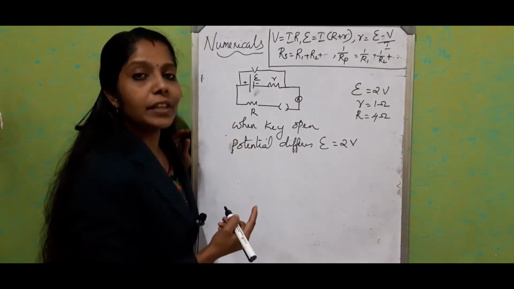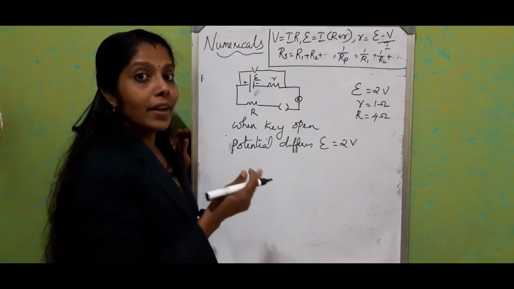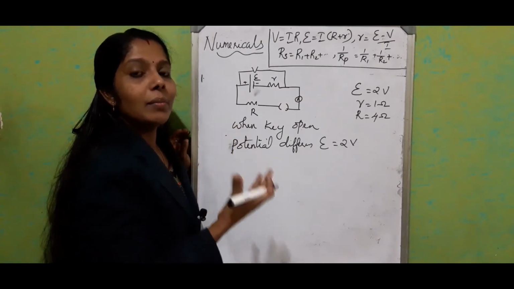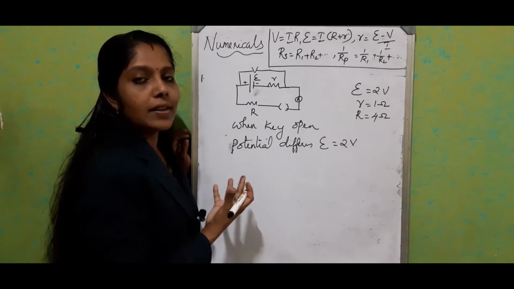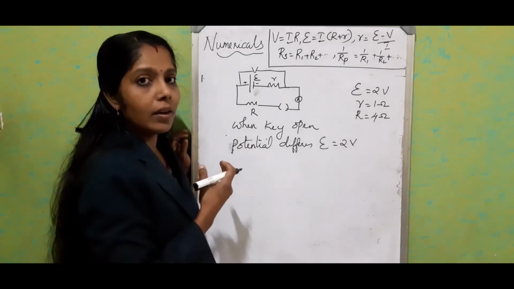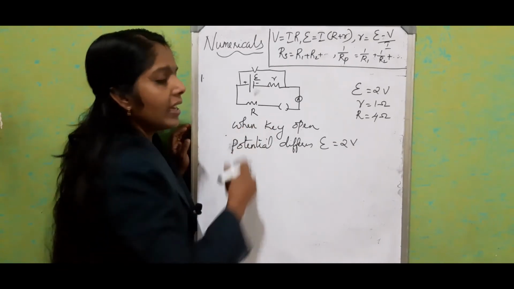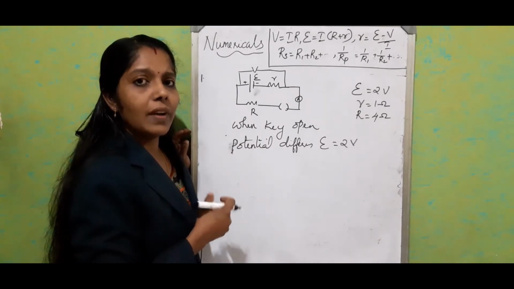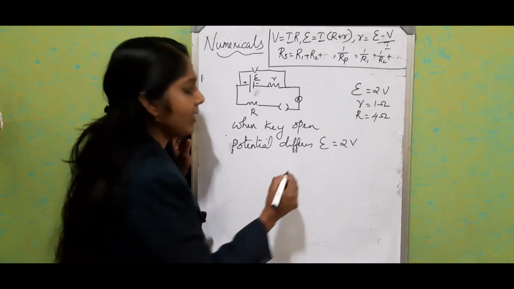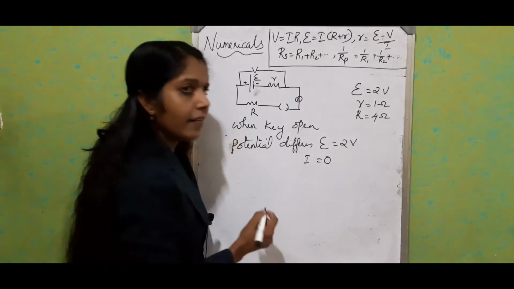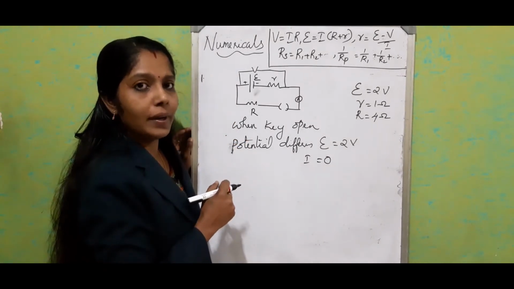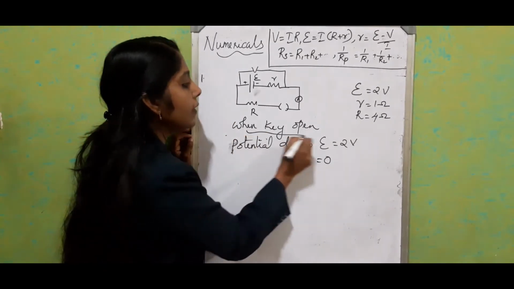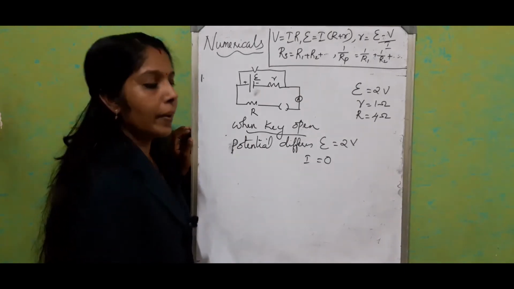We studied the definition for epsilon. When it is in the open circuit, the maximum available potential difference is known as epsilon or E.M.F, right? Okay. If the key is open, what's the value of current drawn? It is 0. The current will not pass through the circuit if the key is open. So this is the first section, when the key is open.